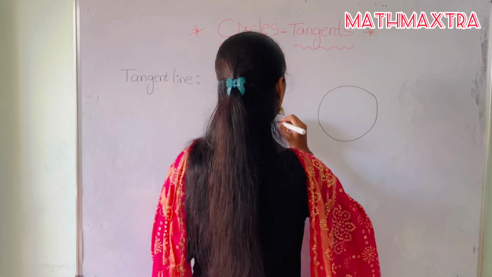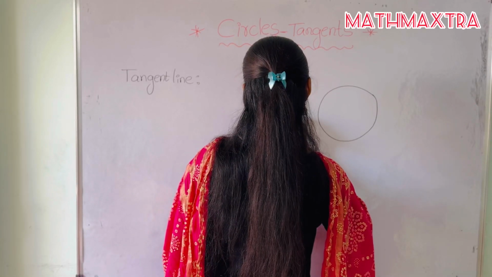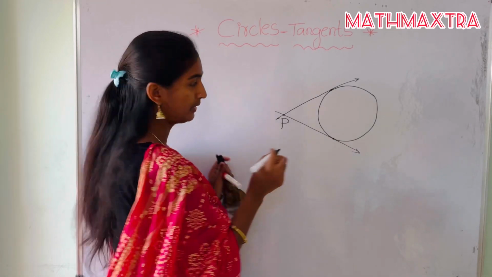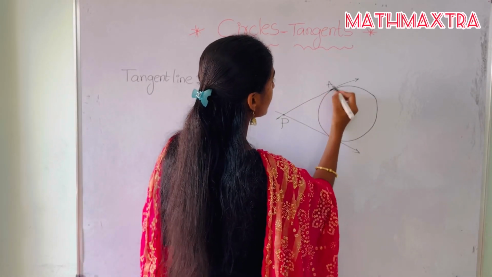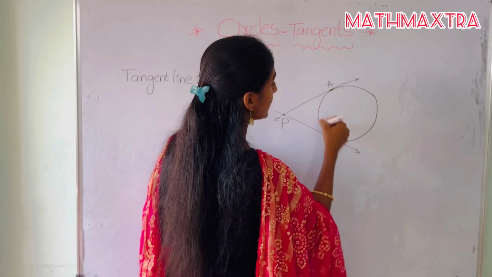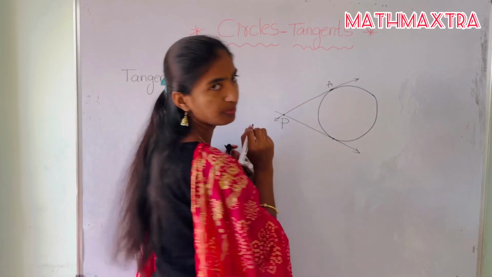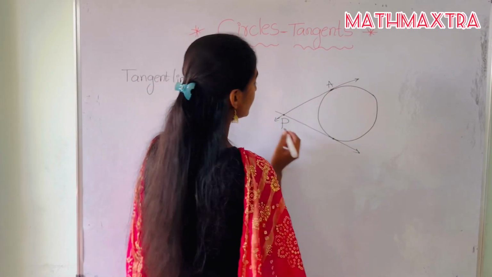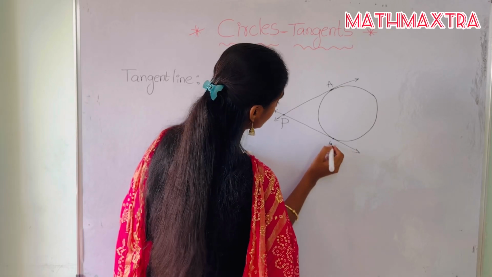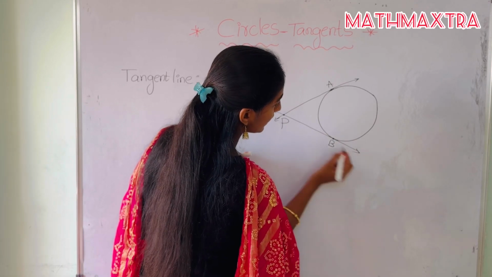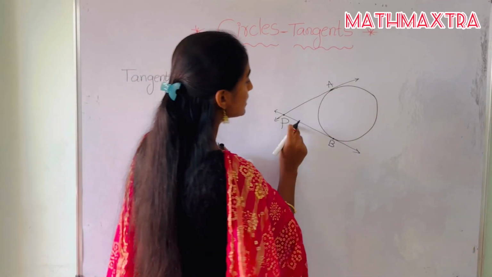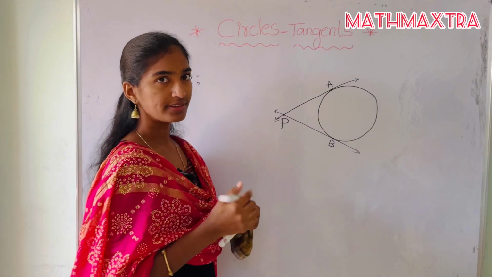You try to draw tangents. If this is a point P, and as this line touches the circle at exactly one point, yes, it is a tangent. And if this is also a line, which is the PB line, this line also cuts the circle at exactly one point. Yes, this PB line is another tangent.